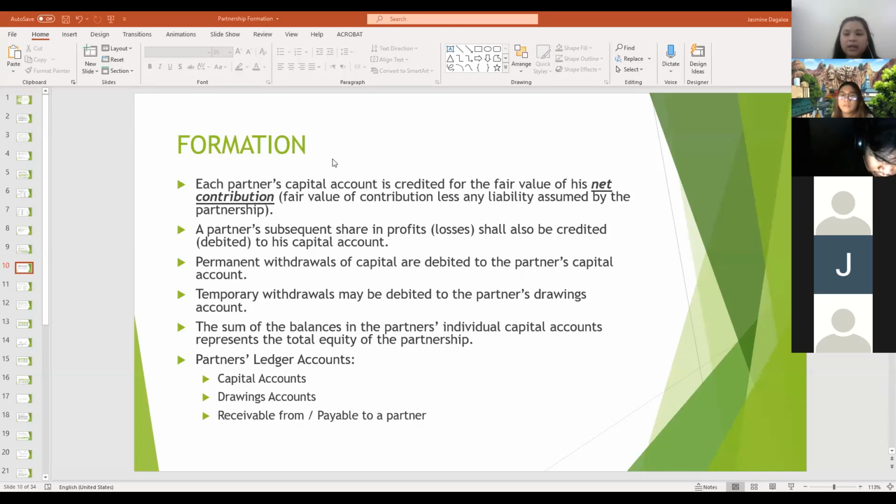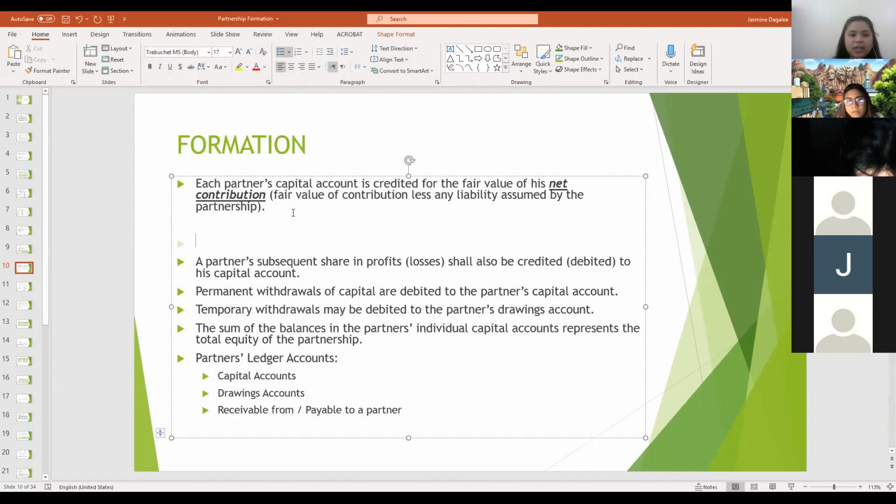Kasi nag-loan ka para mabili mo yung building na yon, may 100,000 pang existing na loan for that building. And then the partnership will assume that payable or loan. So the amount that will be credited in your capital account will only be 400,000.